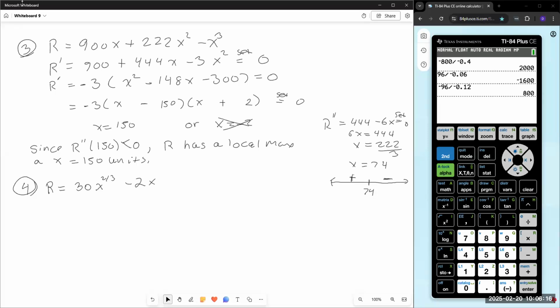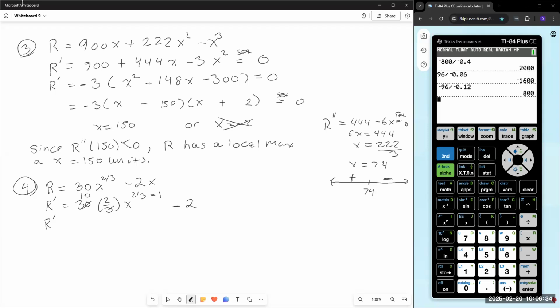So that means R prime is 30 times 2/3 x to the 2/3 minus 1, then minus 2 on the outside. 3 goes into 30 10 times.